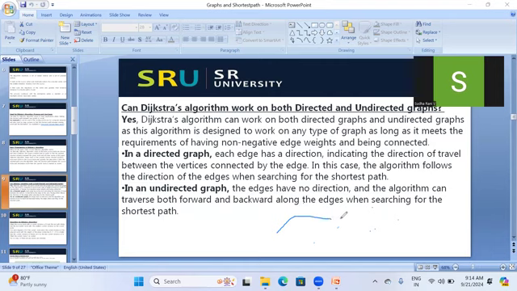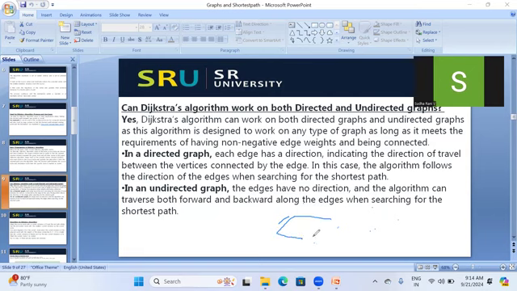These are the points, and here this is one node, here another node, and here another node. Then take another node.